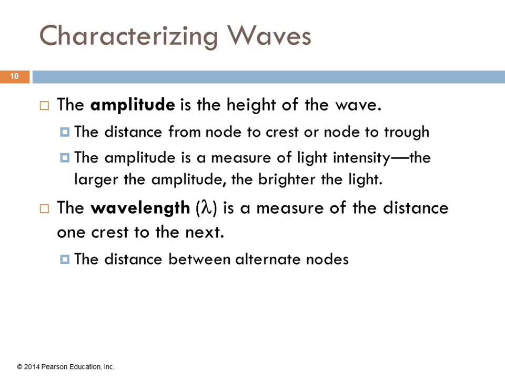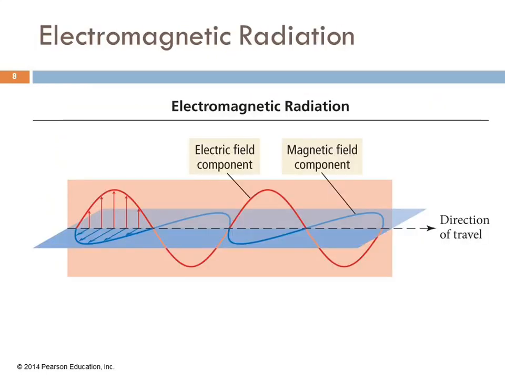Well, there are different ways to characterize waves. And one of them is the amplitude. The amplitude is the height of the wave. How tall is it? It's the distance from a node to the crest or a node to the trough. And a node, let's go back to this picture here.